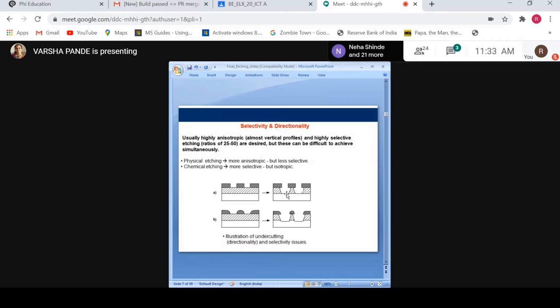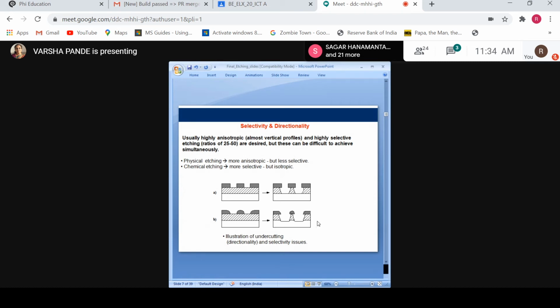It will etch vertically as well as horizontally. But it will not etch the mask or the substrate because the selectivity is very good. This is for wet etching. So wet etching, or chemical etching, is more selective but isotropic. Wet etching is nothing but a chemical etching process.